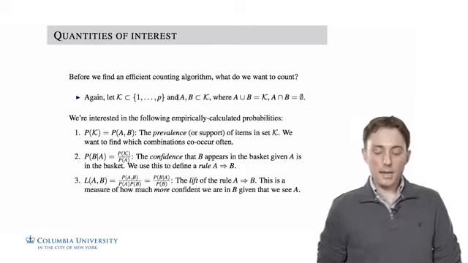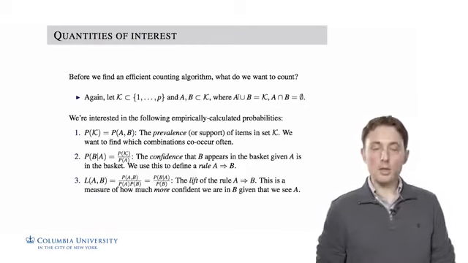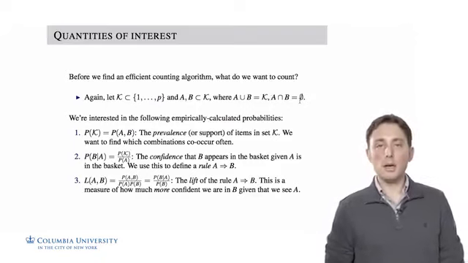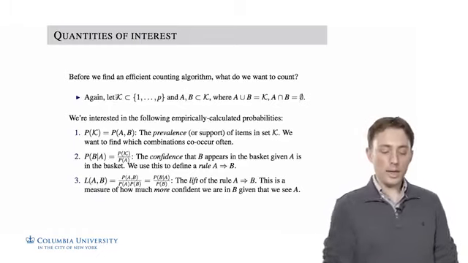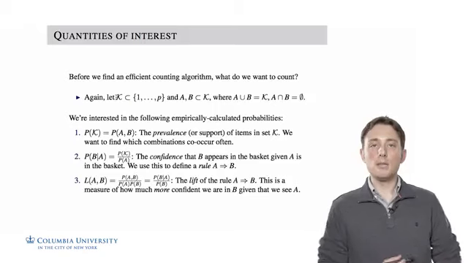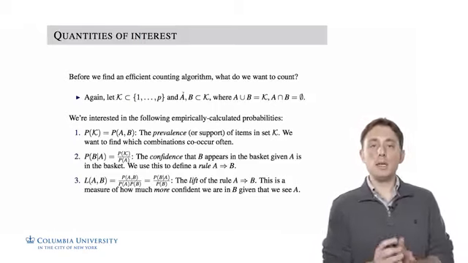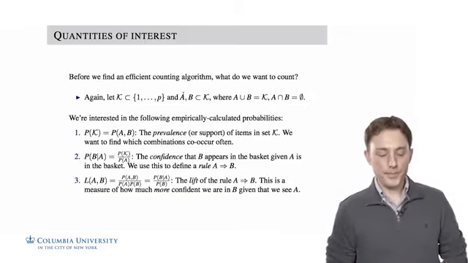And we're going to let A and B be 2 subsets of K, such that the union of those 2 subsets is K, and A intersected with B is the null set. In other words, we let K be a subset of the superset 1 to p, and then we define A and B to be a partition of K into 2 disjoint sets.